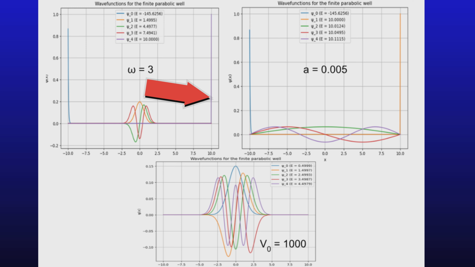In this certain system, in order for there to be a bound energy state, because this is not like a harmonic oscillator where everything is a bound state, the energy needs to be less than V naught.